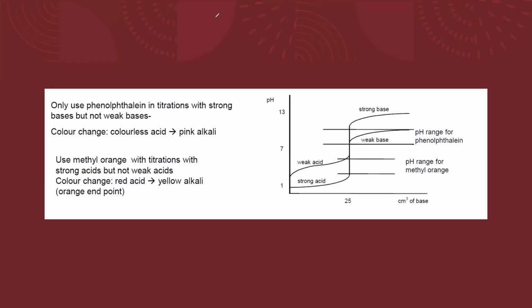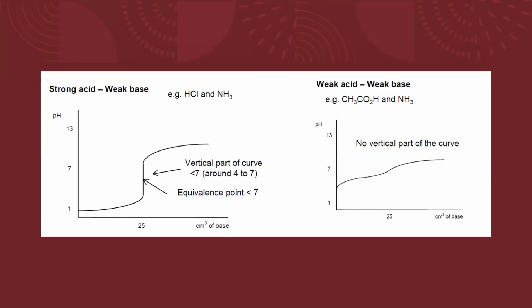Whenever you are selecting an indicator, you check this vertical part, and you check the pH range of the indicator. Every indicator has its own. If the pH range lies within this vertical part, then you can choose that.